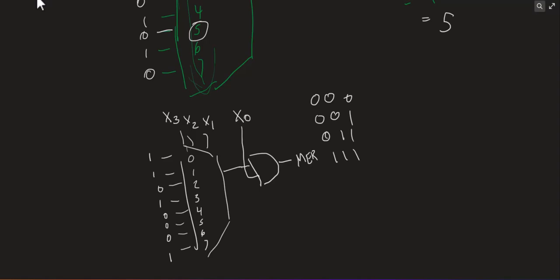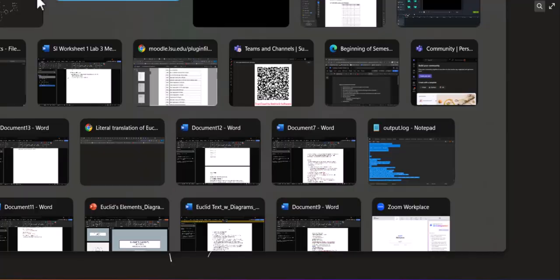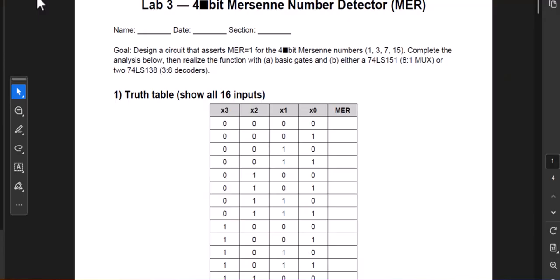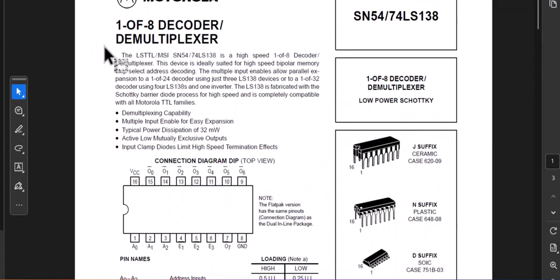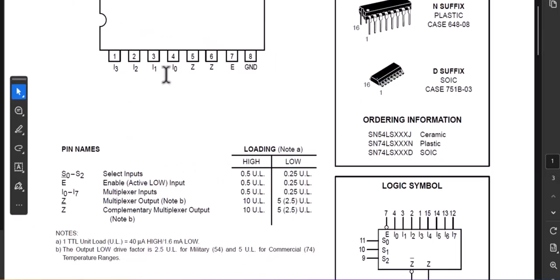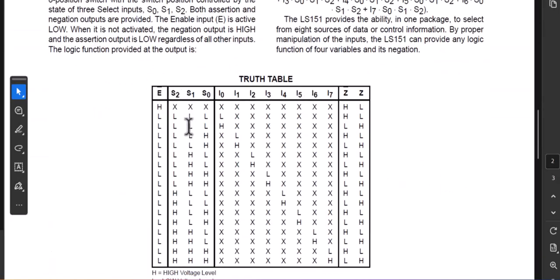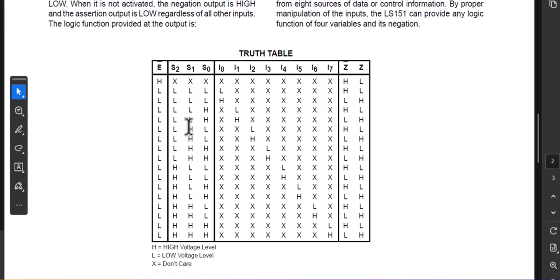Okay, but there's going to be a twist to this. Now let's take a look at what the twist is. We need to look at our truth table.